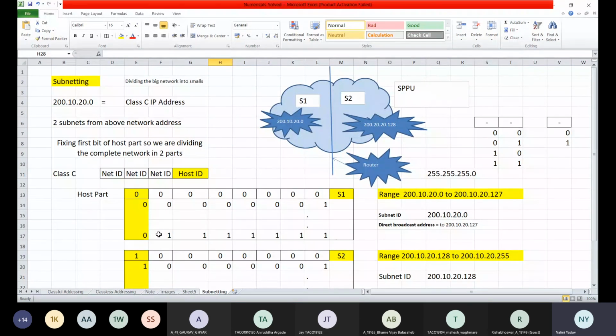I hope this is clear to all of you: how to go for subnetting, how to find the range, the direct broadcast address, the subnet address, and how to divide a given address for subnetting. So this is a simple explanation of subnetting.